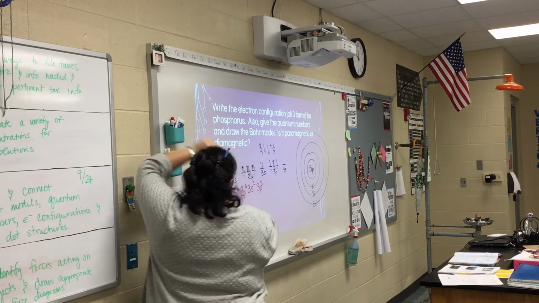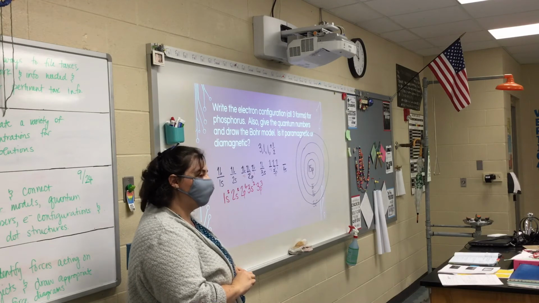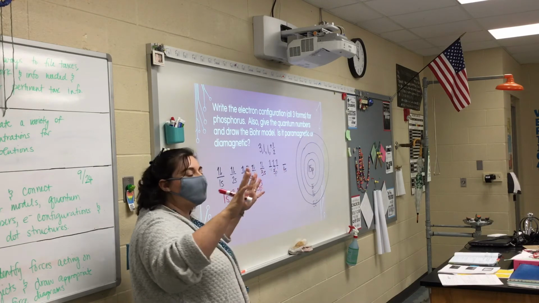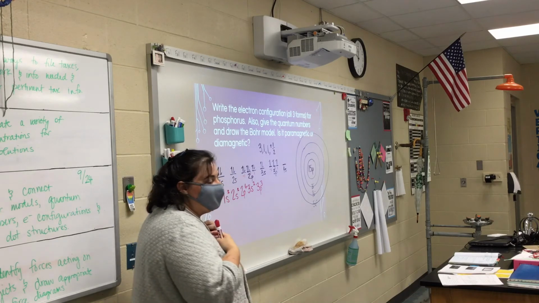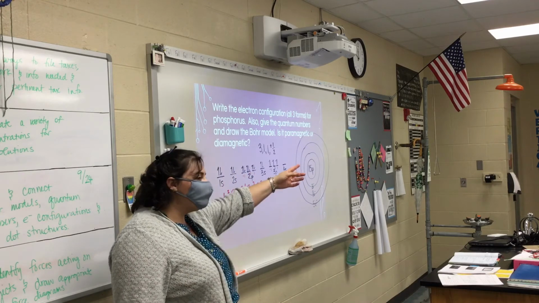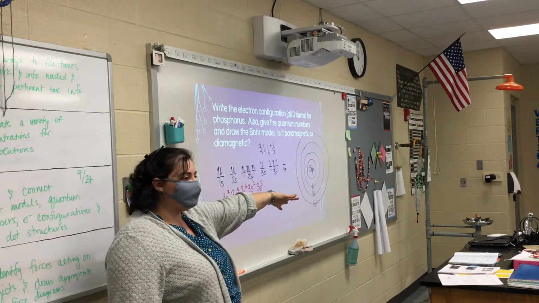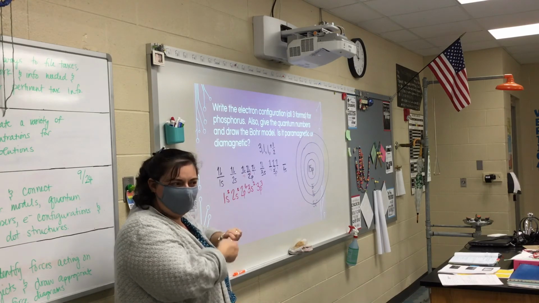It's just going to get easier if you do the orbital one before you do that one. Do it in whatever order makes the most sense to you. It's different for me because I can just tell you what it is based on where it's at on the periodic table, but that's more confusing at this point for you guys.